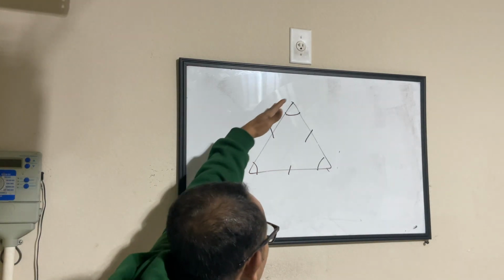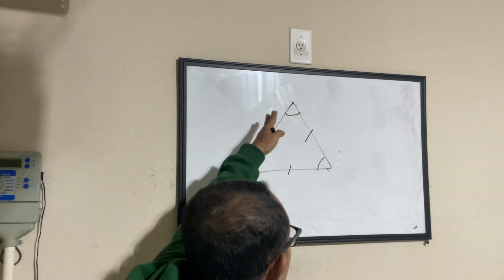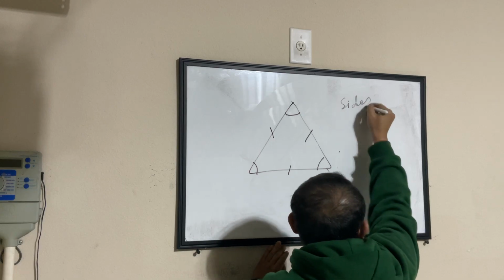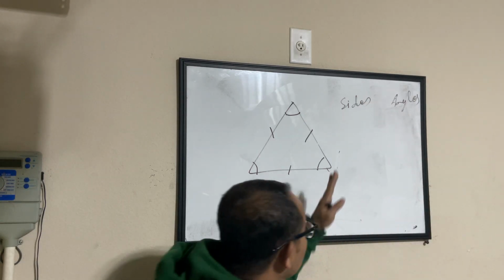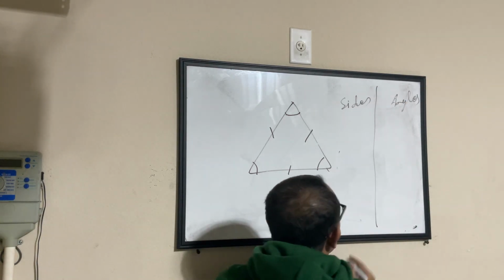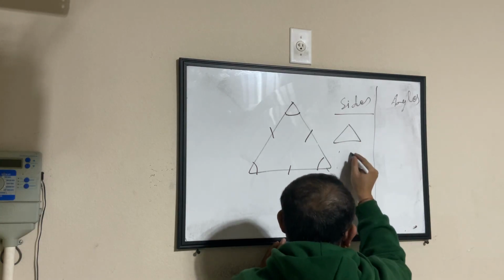So here, these sides and the angles are the property. So that way, based on the sides and angles, you have different flavors of it. Sides and angles. These are the 2 things which will decide what are the different forms of triangles we will deal with. If you look at sides, there are 3 possibilities.